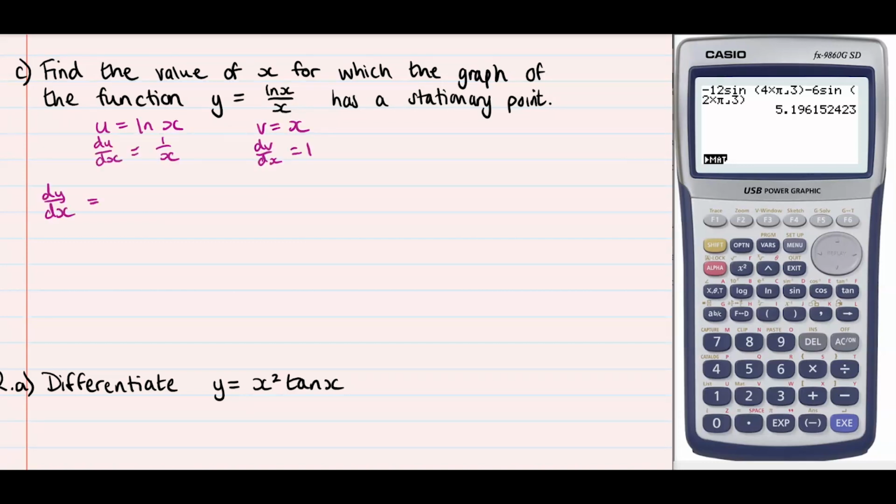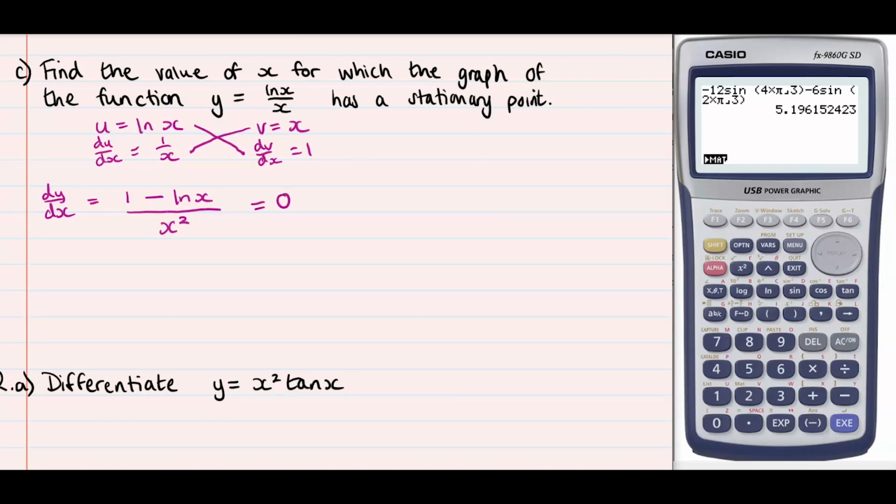So we've differentiated the u and the v. Then we do this one first. v du by dx, multiply them together, we get 1 minus u dv by dx, so that is the natural log of x, and divide it by v squared, which is x squared. Now, if we are looking for a stationary point, we want to know when that equals 0.